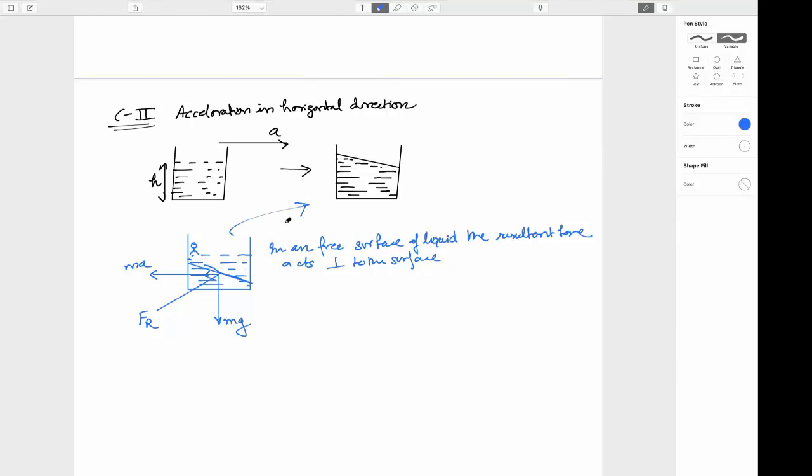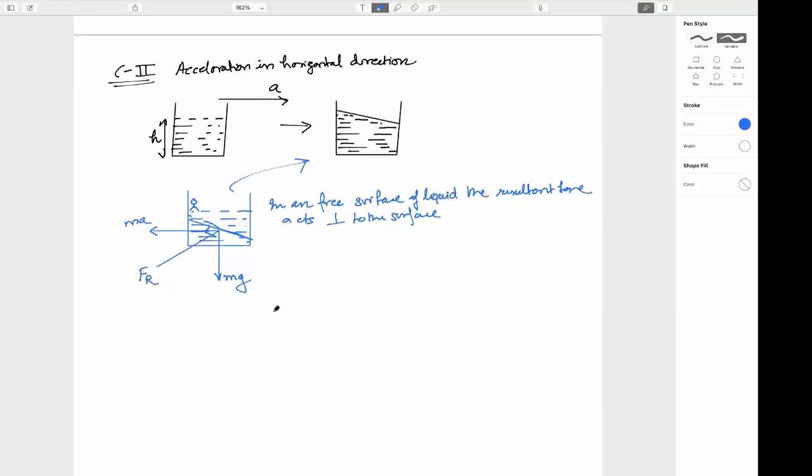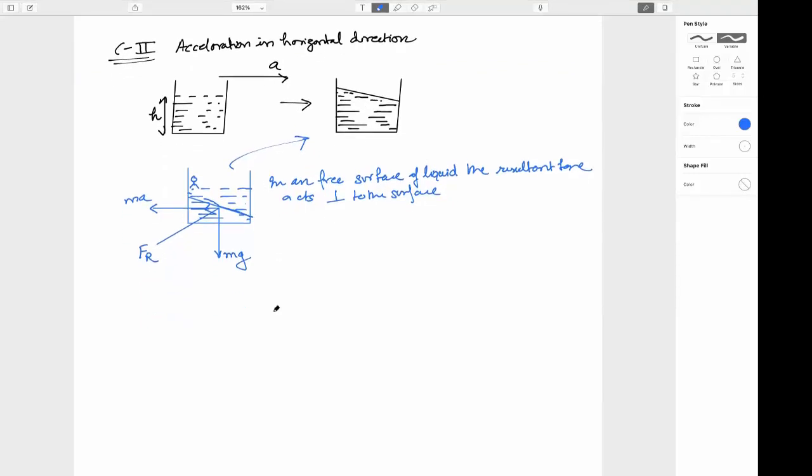Let's calculate the pressure because now it is accelerating in this direction, so there will also be some pressure gradient. Let's calculate that due to horizontal acceleration. Now we know the shape by our understanding. So let's take a fluid parcel here.